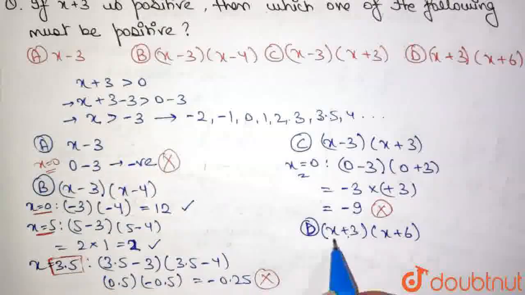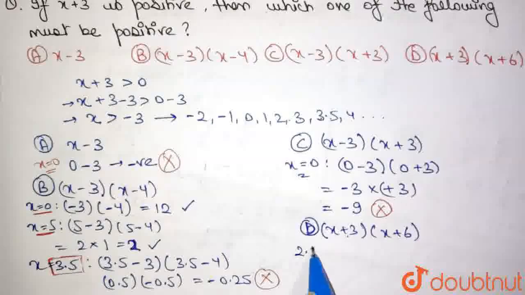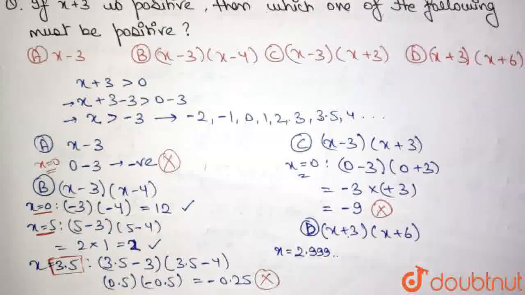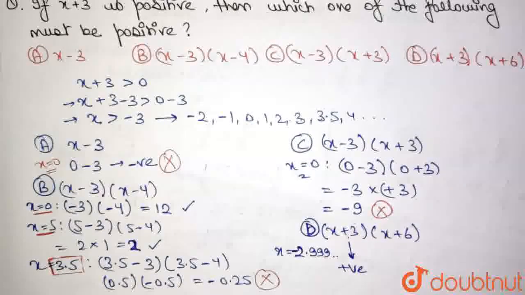The minimum value has to be minus 2.999 something. Even if I take this value of x as minus 2.999999, even then this term has to be positive, because it is plus 3 and it can never reach 3. That means this is going to be positive in every case.